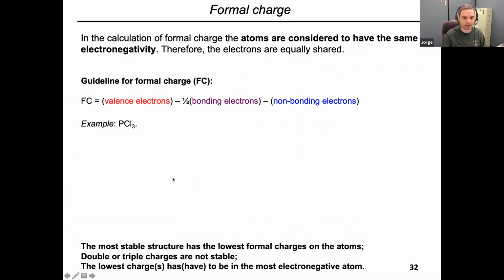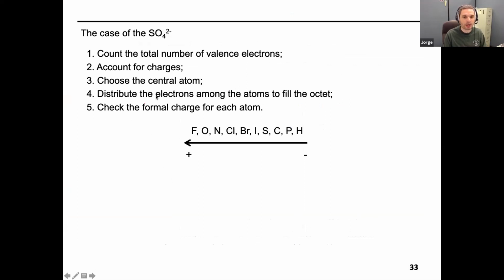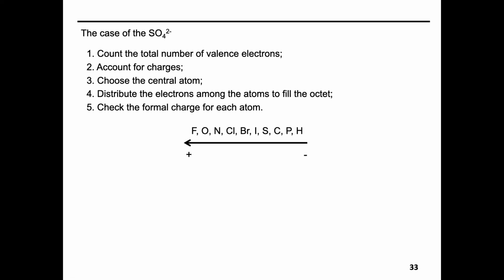And we did an example for the PCl3, and then we moved on to the case of the sulfate. In the case of the sulfate ion, we may have several possibilities for the covalent structure. Using the formal charge will help us to decide which structure contributes the most to the sulfate, or which one is the most stable.